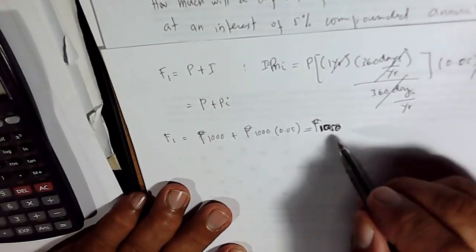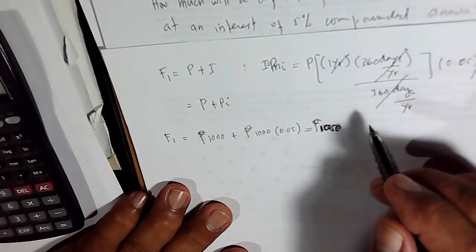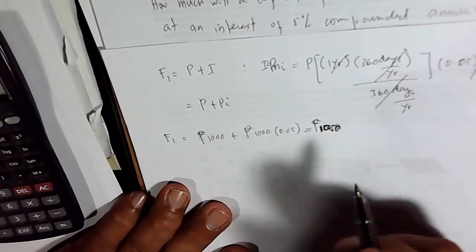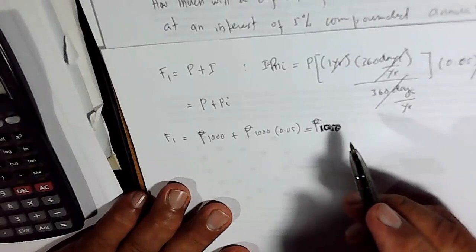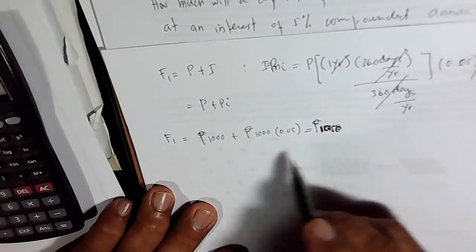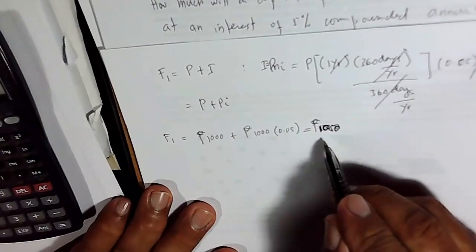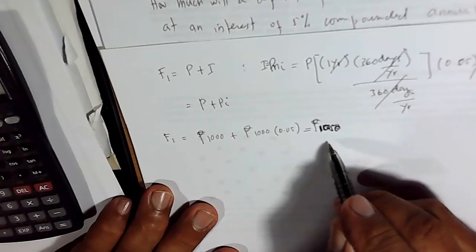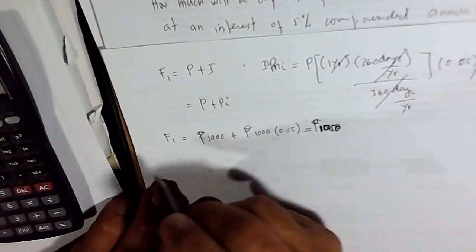So this is the accumulated amount, principal plus interest, total of 1,050 pesos. On the second year, this will become the principal for the second year.